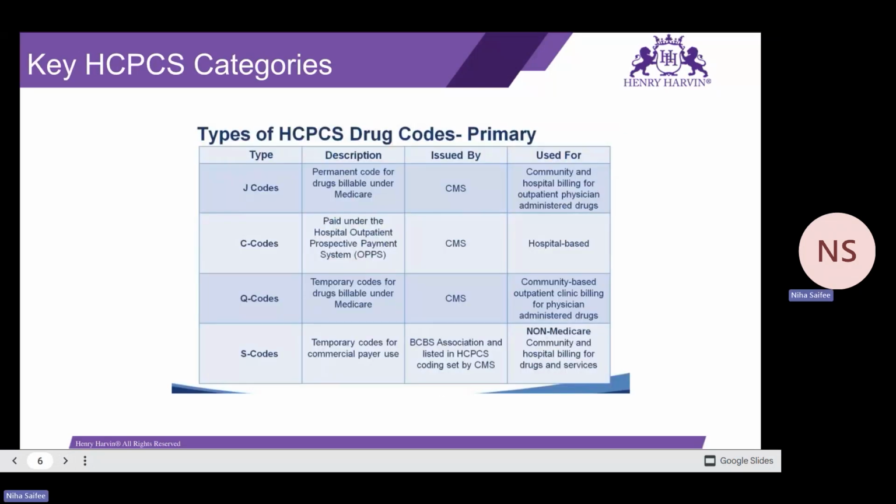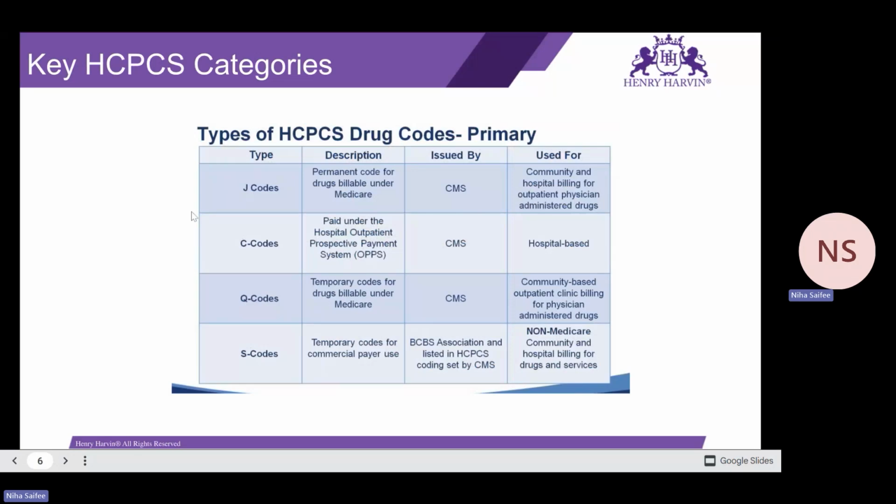Just as we have different chapters in ICD, represented by different alphabets, like chapter 1 is A and B, or cardiovascular is represented by I, in HCPCS also we have different chapters represented by different alphabets, and each chapter has different significance.